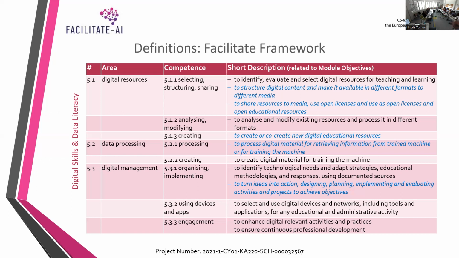There are 5 objectives, 5 descriptions related to this presentation. The first is to be able, the teacher or the student, but here it is for the teachers, okay, to structure digital content and make it available in different formats and different media.